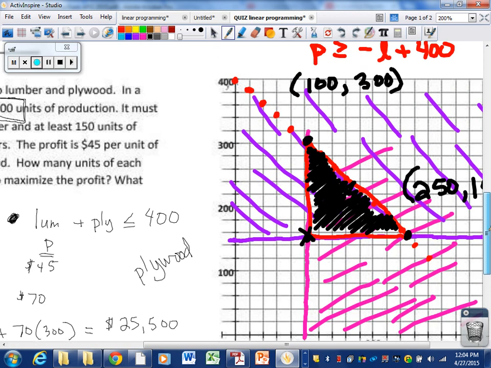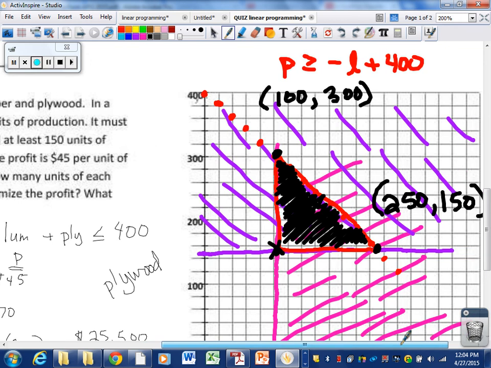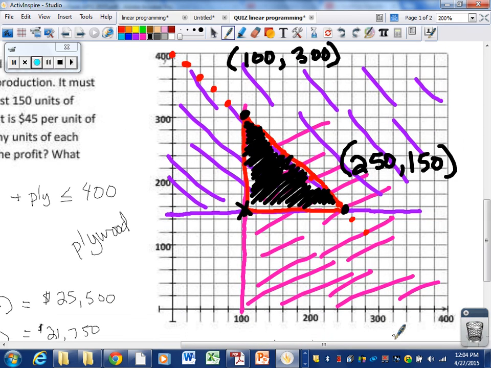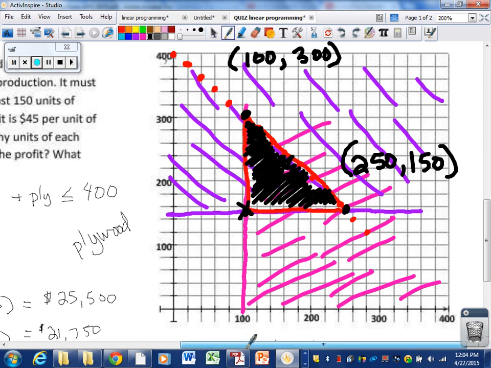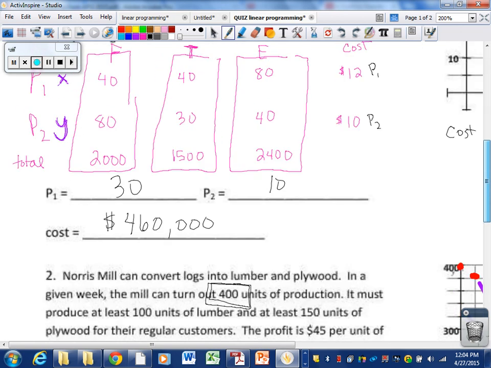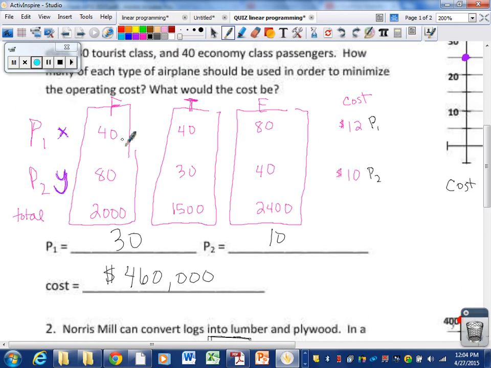The hardest part about these things is writing the equations. Is there one relationship? Is there two relationships? Are there three relationships? Is it a constraint problem where you have to make at least this or at most that? Or do you have a total and you have two different variables that add up to that total?